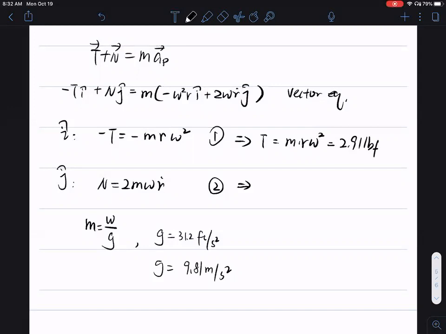From the second scalar equation, we can solve for normal force, which is 2 omega r dot m. If you plug in all the numbers, you get a negative 0.776 pound.